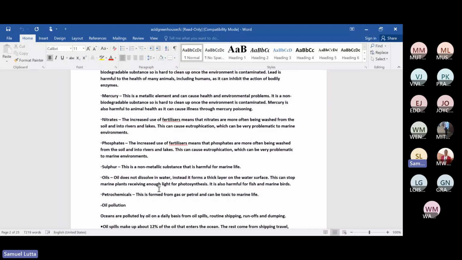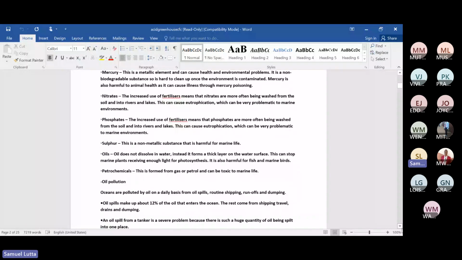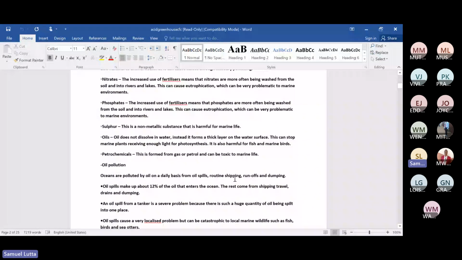Then we have petrochemicals from gases, petroleum. They can also be toxic to water. So for the oil production, I think as we have said, you could have spillage, you could have runoffs, and just people dumping the same in the water. And this one has been found to cause about 25% of the oil pollution in the ocean.